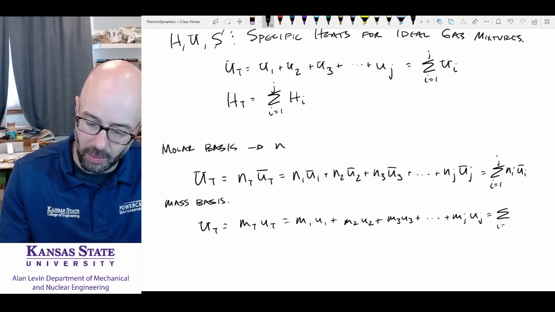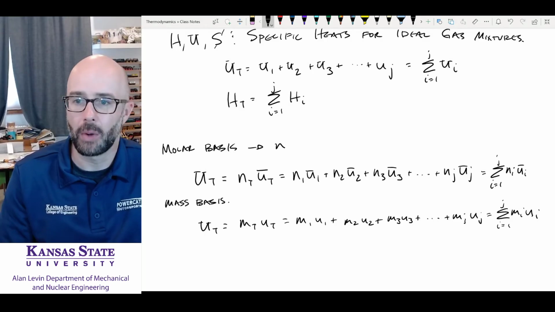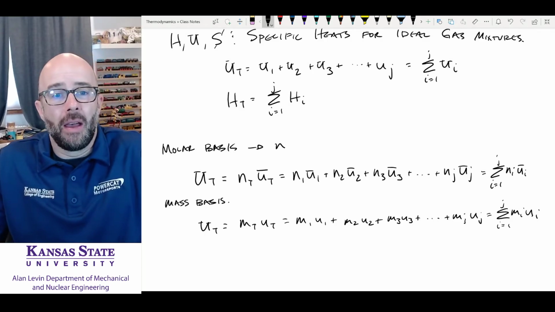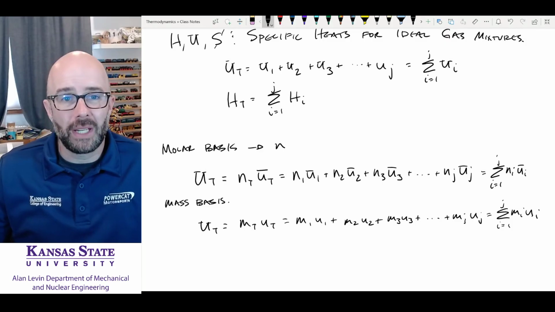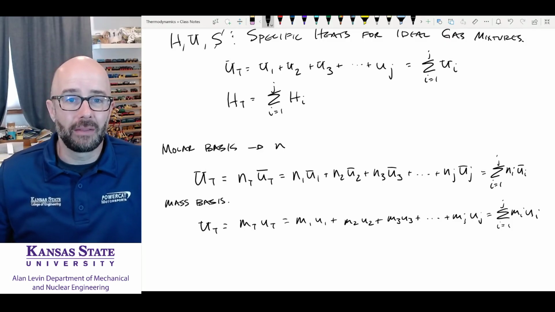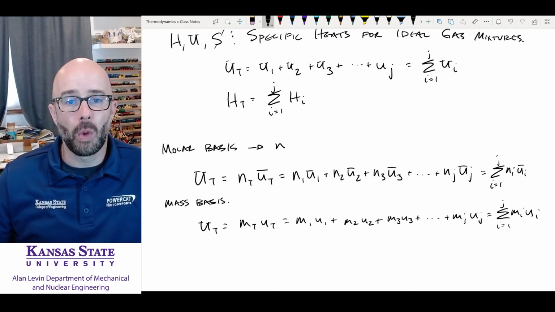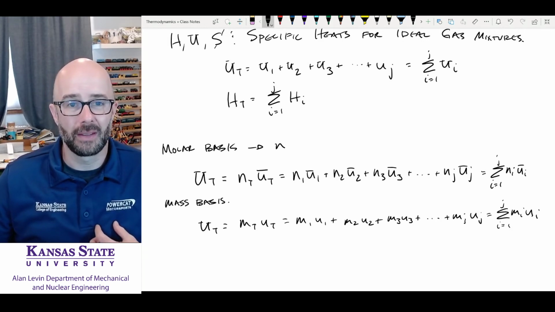Summation of i equals 1 to J of the mass of the component times the internal energy of the component. Nothing different. They're both going to give us the same answer for internal energy. It's a matter of perspective: are we looking at it from a molar basis, or from a mass basis?